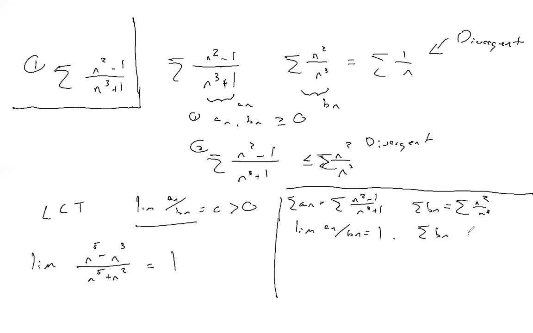Series b_n diverges, and usually say why. You could say in this case it's because it's the harmonic series.